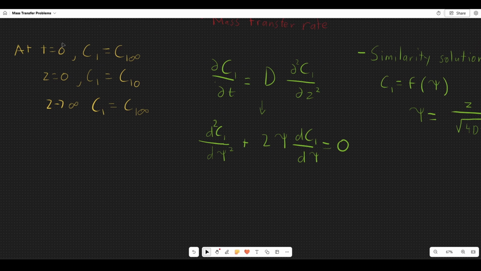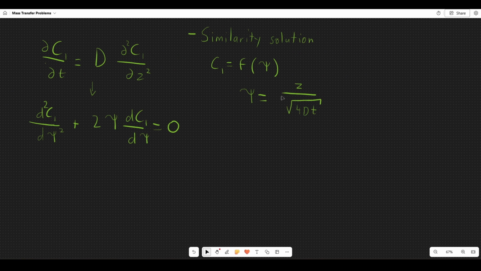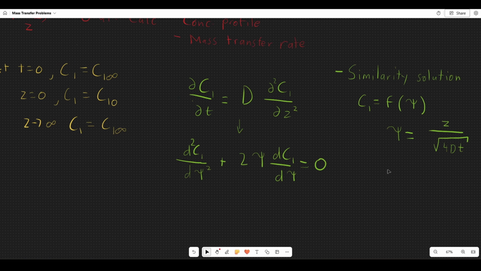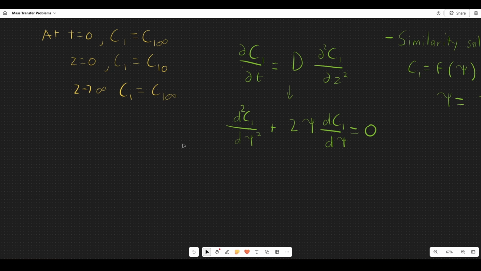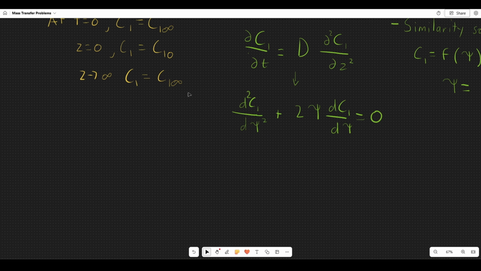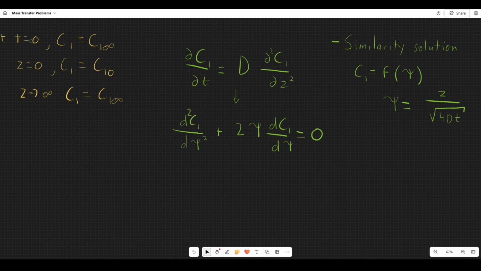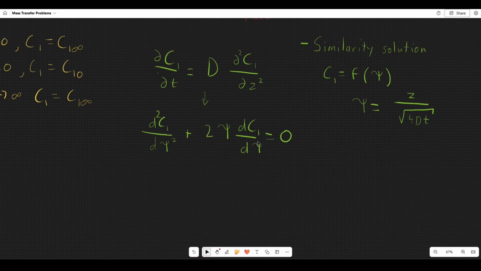And so if you look at this first one, which is t equals 0, c1 equals c1 infinity. If we apply t equals 0 right here, the denominator goes to 0. And so what that means is that as t equals 0, psi is basically infinity. So once again, let's apply this initial condition: t equals 0, c1 equals c1 infinity.